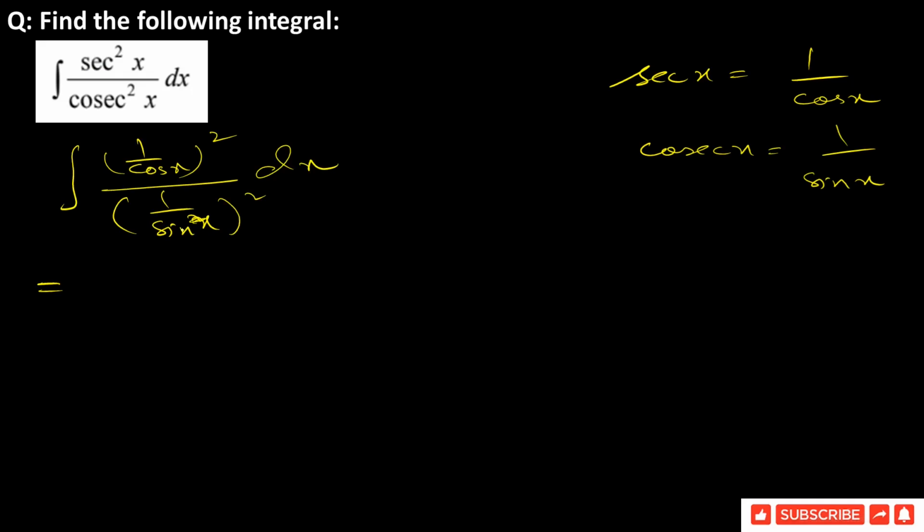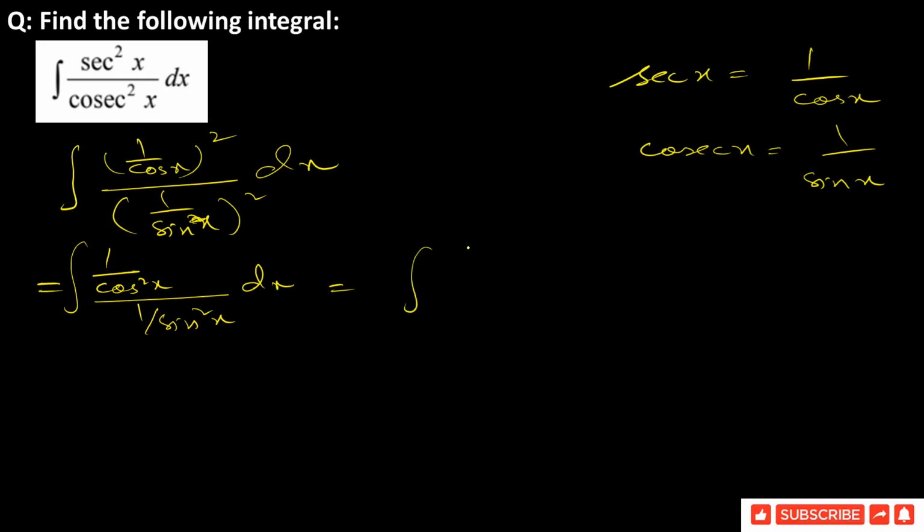So it will be 1 upon cos square x over 1 upon sin square x dx. Now this sin square x will go upside, and as per the rules of dividing fractions, the second fraction will be inverted.